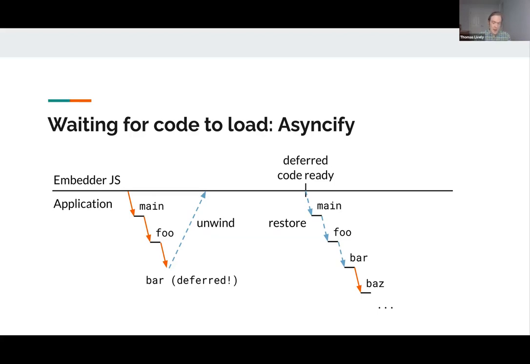Asyncify is quite a big hammer. It's very important, right? This is an important problem to be able to solve, so it's a good thing we have Asyncify. The overhead from using Asyncify is about 50% for both code size and for run speed in the worst case.